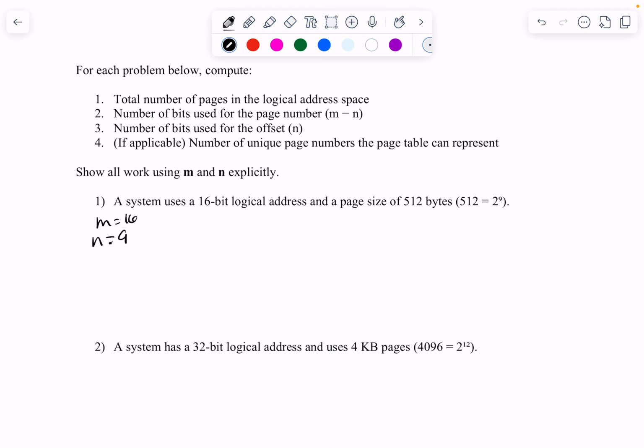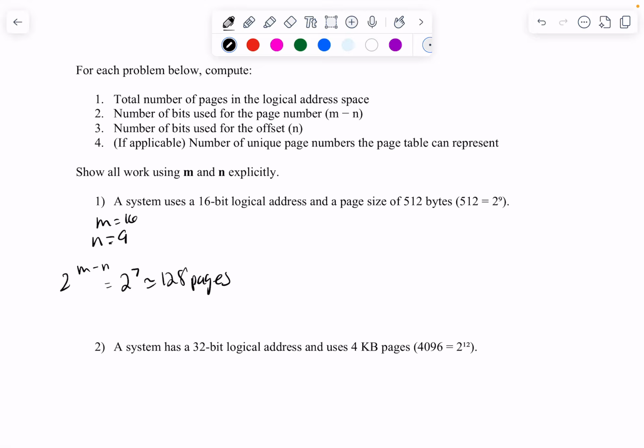So to get the number of pages, we have 2 to the power of m minus n, also known as 2 to the 7th. And this basically tells us that the system has about 128 pages.